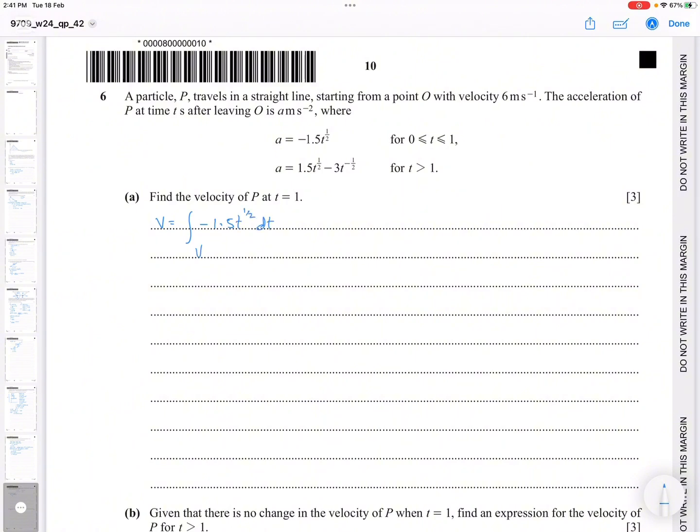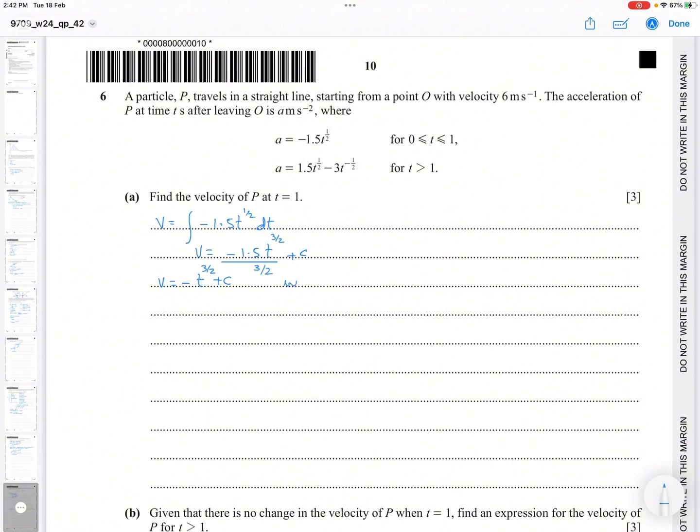So V equals minus 1.5 t power, you add 1 in 1 over 2, you get 3 by 2 over 3 by 2 plus c. So simplify it, you get V is equal to minus t power 3 by 2 plus c.